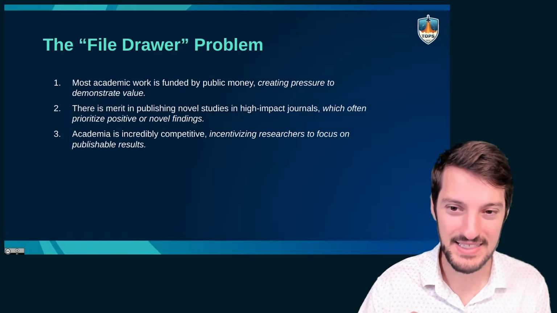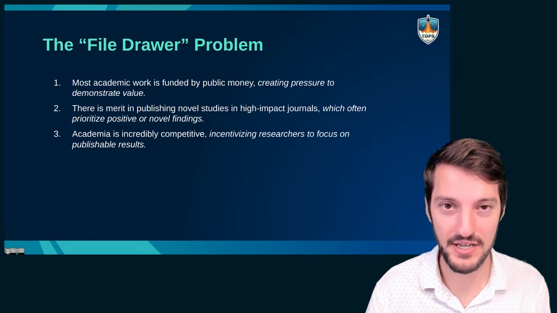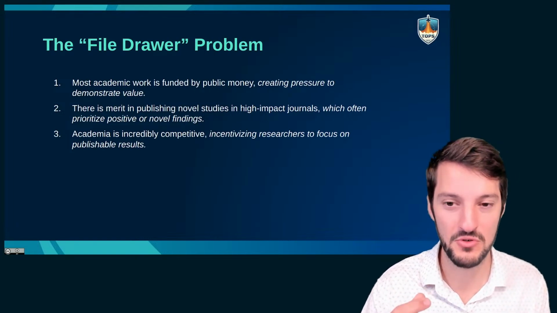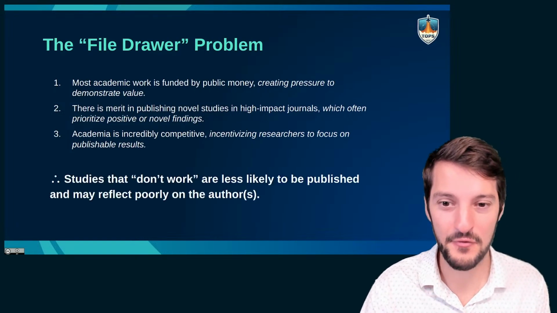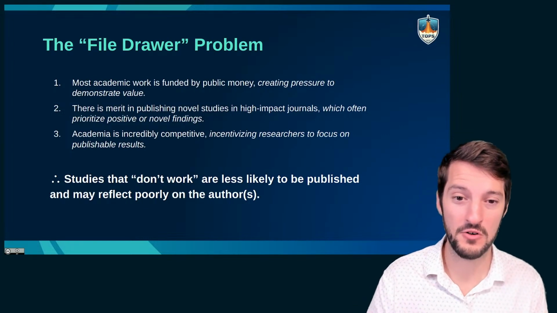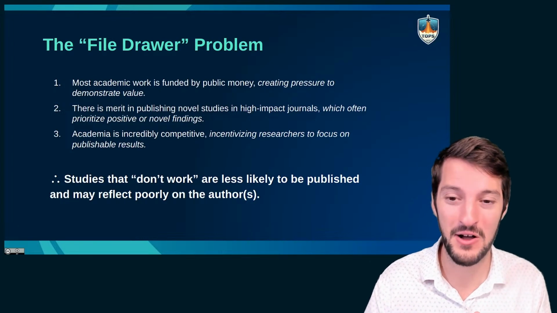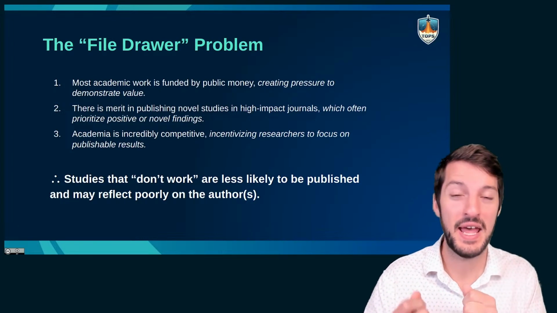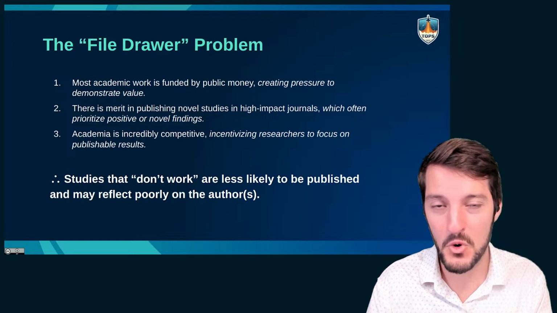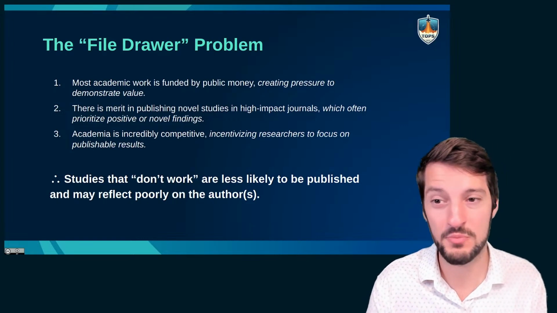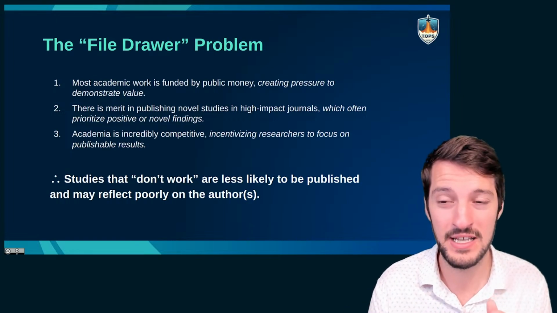Finally, academia is incredibly competitive, and this incentivizes researchers to focus on publishable results. Therefore, studies that don't work are less likely to be published and may even reflect poorly on the authors. And I will also say that you're often more rewarded if you chase that novel thing that might not work but could be something really cool.